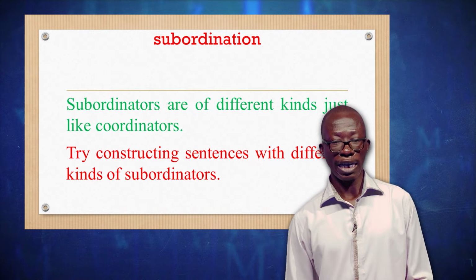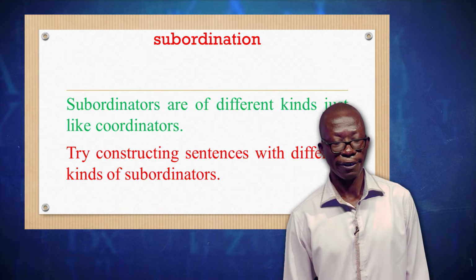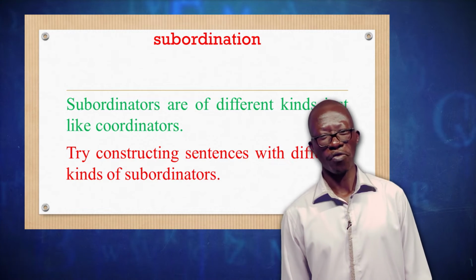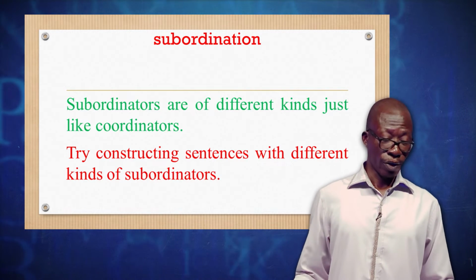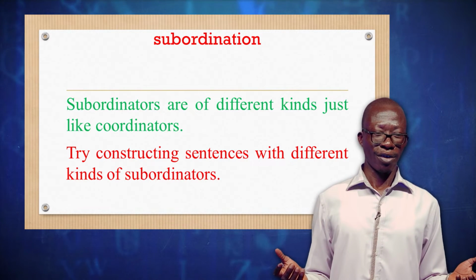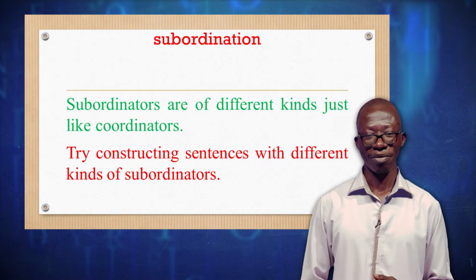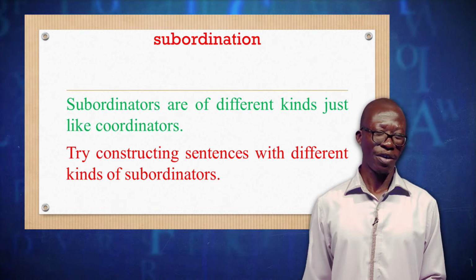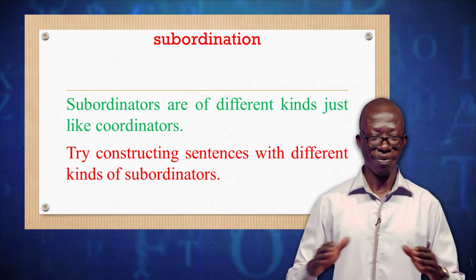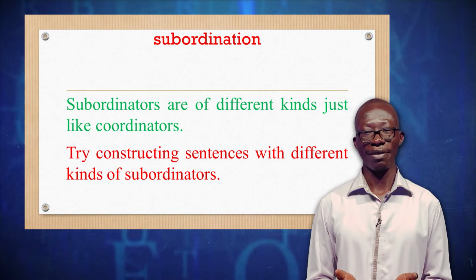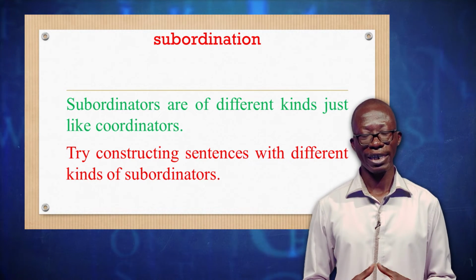Try constructing sentences with different kinds of subordinators. We have quite a number of them. On your own, have a subordinate clause, have a main clause, and link them together by using a subordinator.